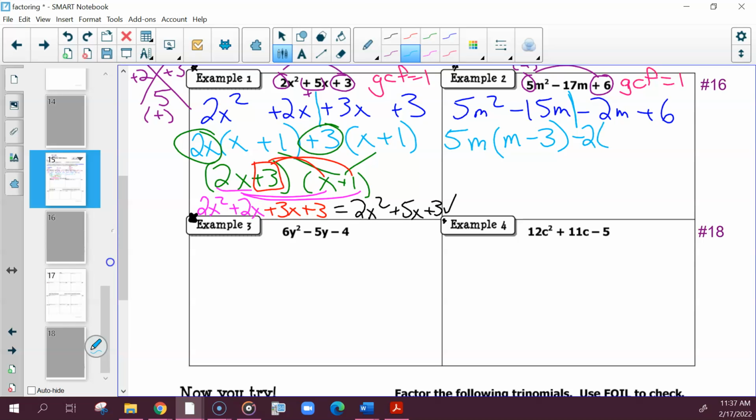And what would be left? 3 would be at the end. It would be minus 2 and m. So what would our two factors be? 5m minus 2 and m minus 3.